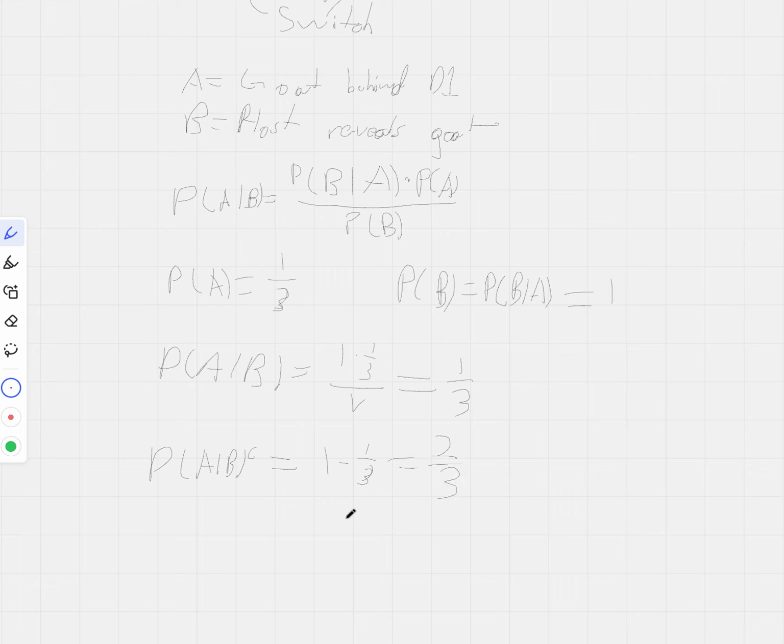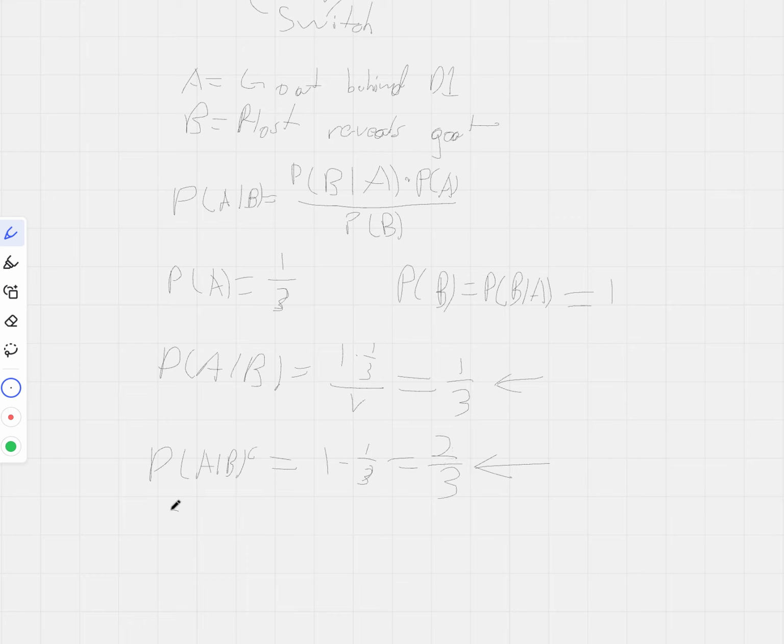But you already know which door has a goat behind it of the other 2 doors that you haven't chosen, right? So you're essentially making a choice between 2 doors, given that if you pick door 1 in the first place, door 1 has a 1/3 probability of being the door with a car behind it, and the door that you haven't chosen but hasn't been revealed to have a goat behind it has a 2/3 probability.